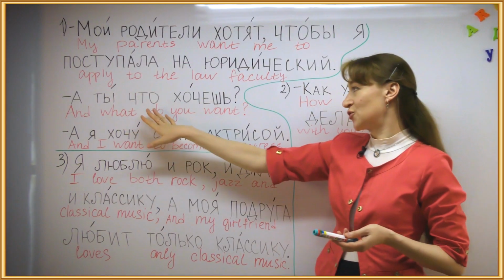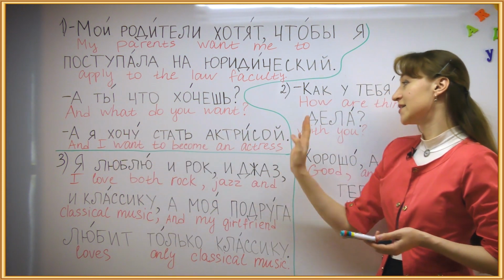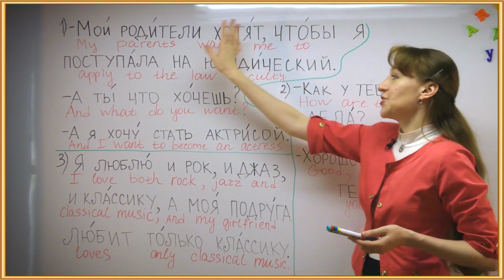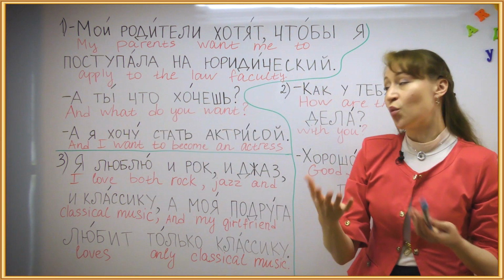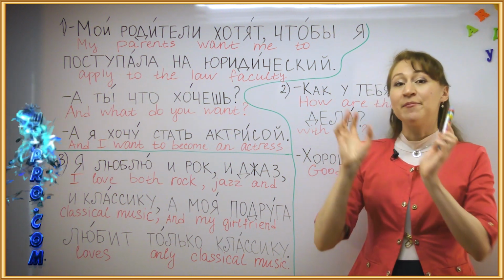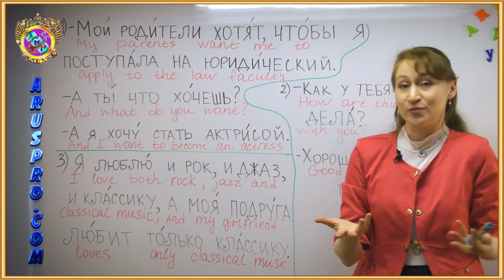А ты что хочешь? А я хочу стать актрисой. So in this dialogue, we ask, "and what do you want?" So we kind of give a pass to this person. What do you want? What about you?